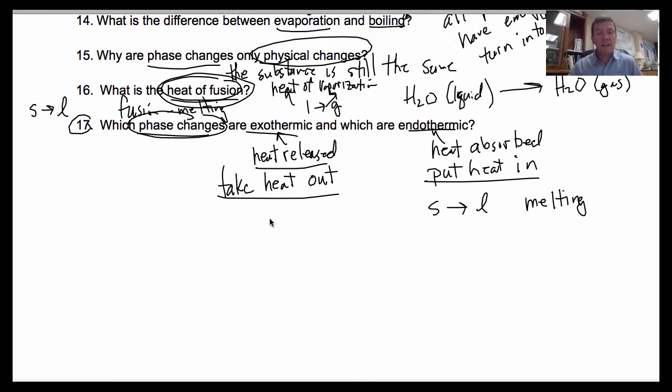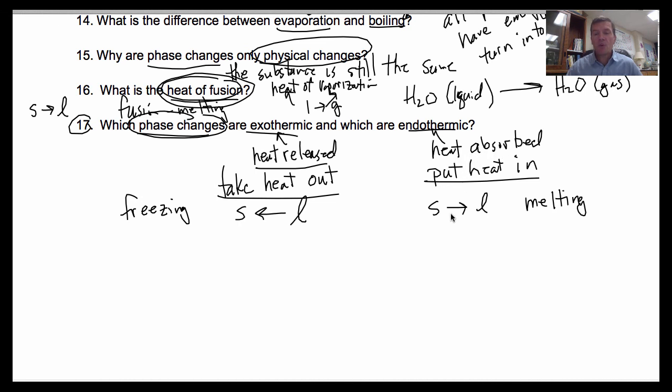On the other side of that, if you have a liquid turning back into a solid, that is freezing. In order to make something freeze, you have to take heat out of it. Heat has to be released. So a freezer pulls heat out of something, cools it down, and it goes from a liquid to a solid. Okay?